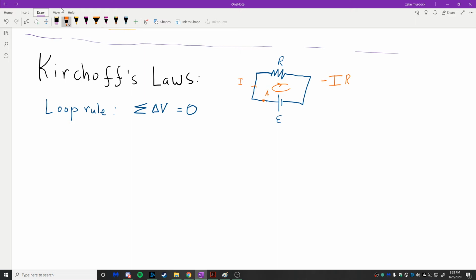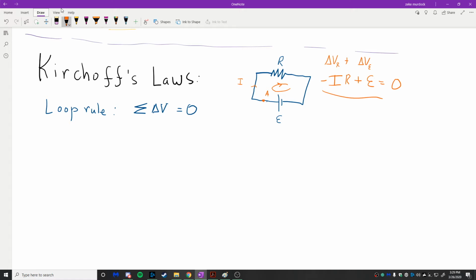And then as I go back around to here, I gain energy, so plus E. The loop rule says that if I sum up the voltages, this is delta V on the resistor plus delta V for the battery, you might say. This one's negative IR, this one's E, and they sum to 0 in a circuit like this.